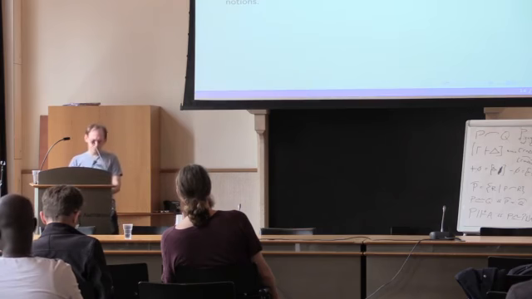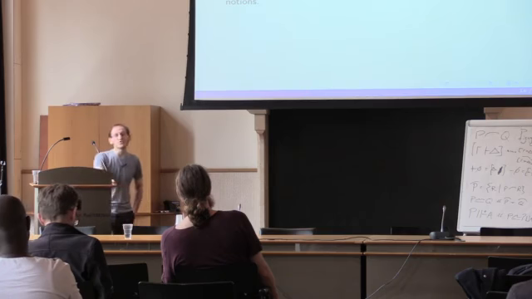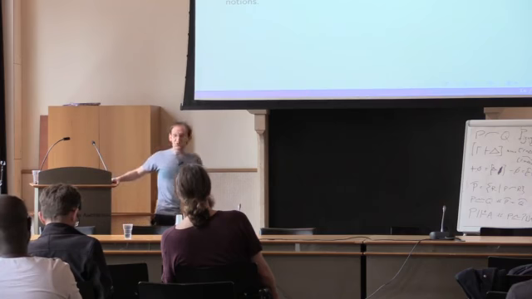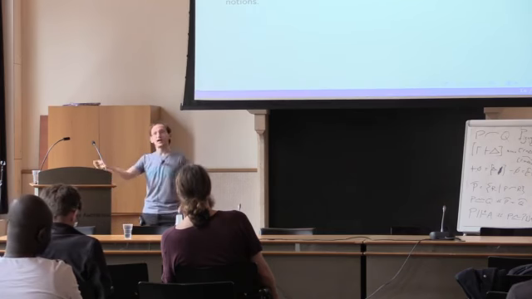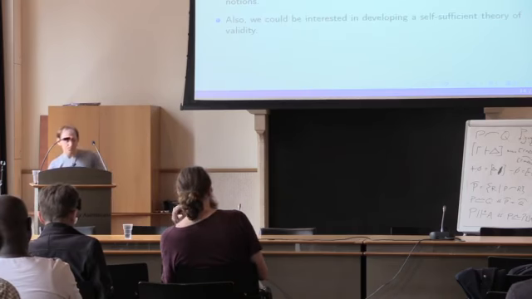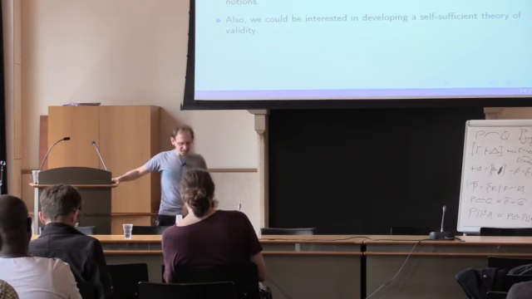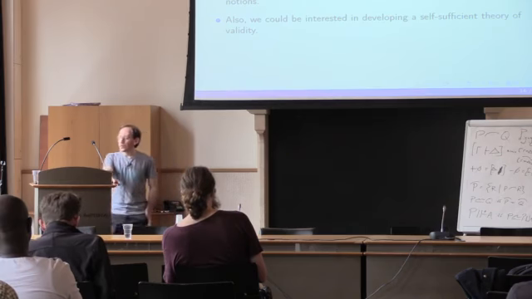All I want to say here is that we should not take for granted that these notions behave classically, and if they don't, then there's reason to give a direct treatment of each and not define one in terms of the other.